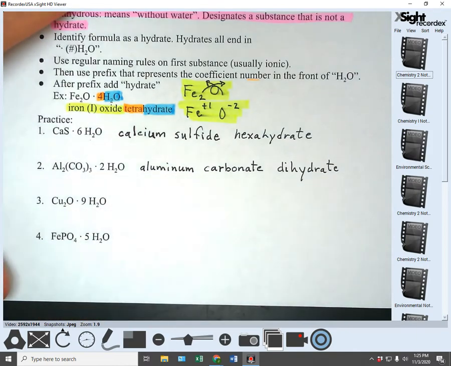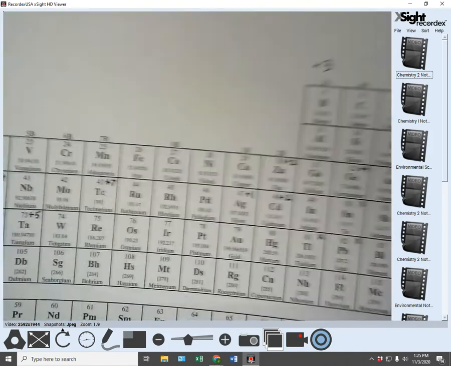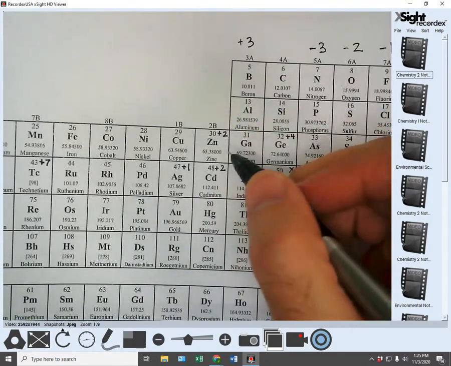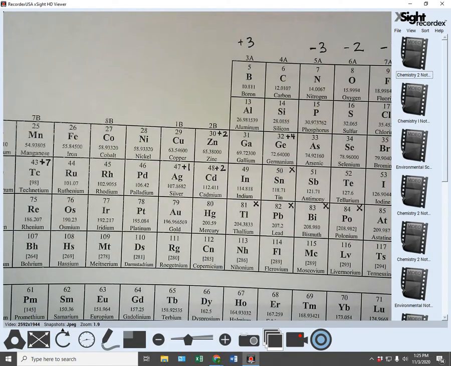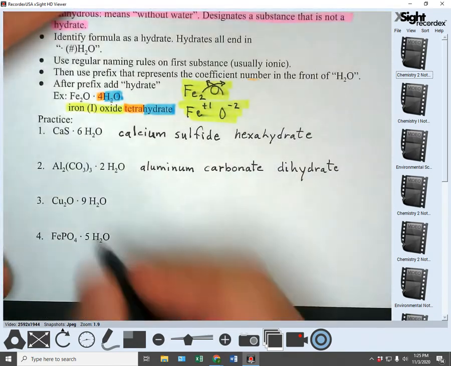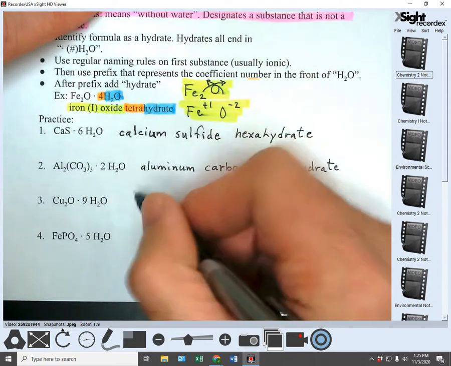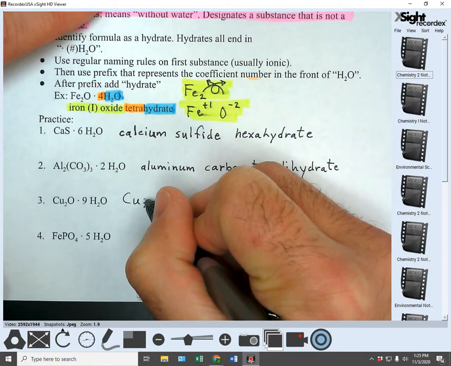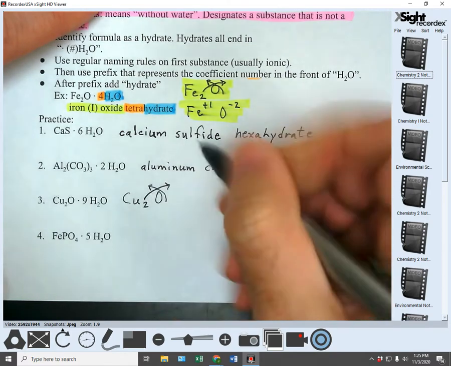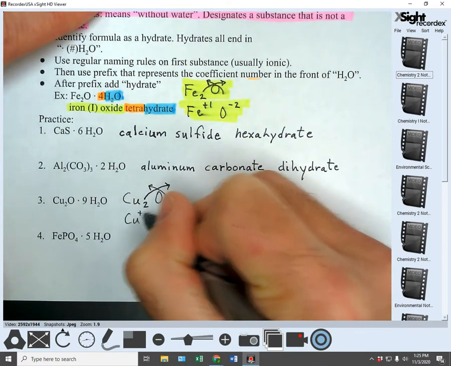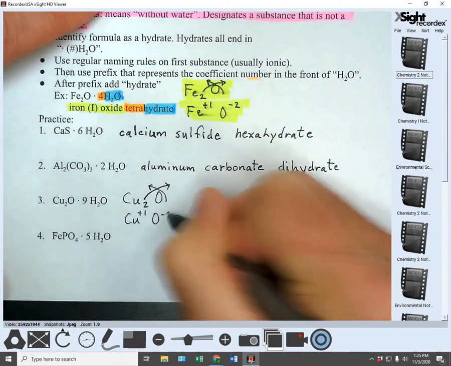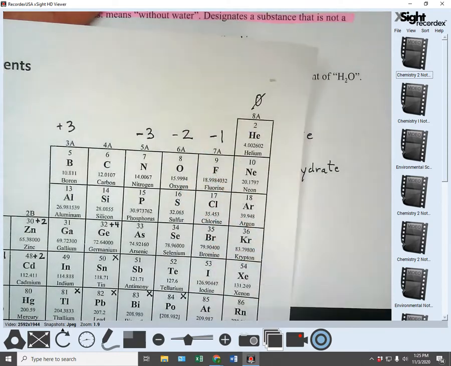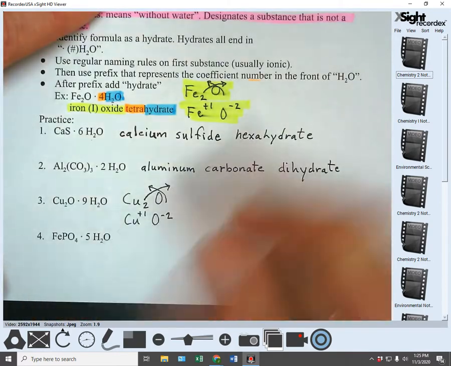All right, third example. Cu2O·9H2O. So copper, you might know by now, does have more than one ion, so we'll need to figure out a Roman numeral for this. For this one, we are going to reverse the charges. So I'm going to do Cu2O, and we end up with Cu +1, O -2. We check for reduction. Oxygen is supposed to be a -2, according to our periodic table. That's what we have, so it was not reduced.